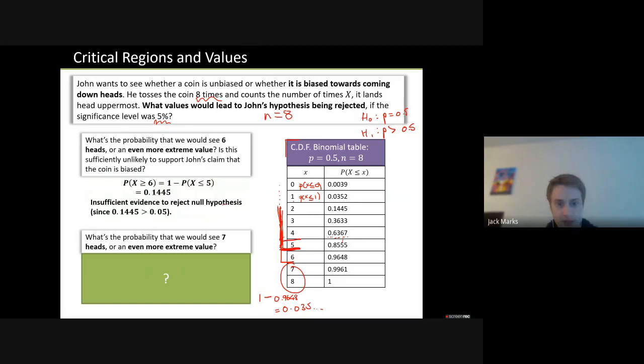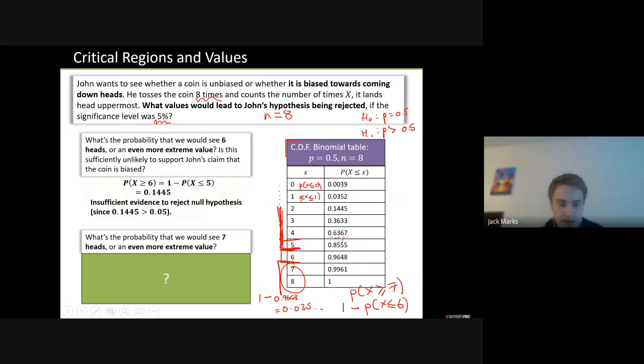Okay. So what about 7 or a more extreme value? Well, remember from the previous chapter, the probability of at least a 7 is the same as 1 minus the probability of up to and including a 6. This is just putting into words what we were doing over here.